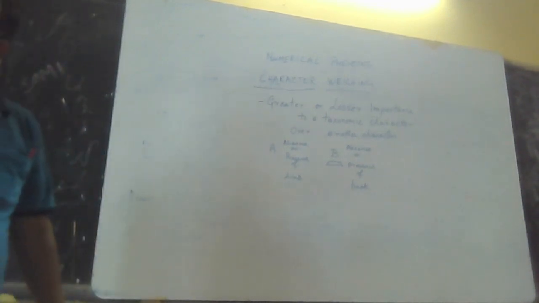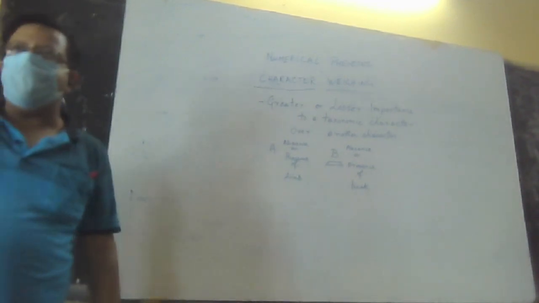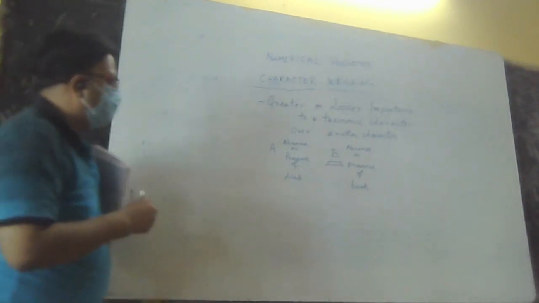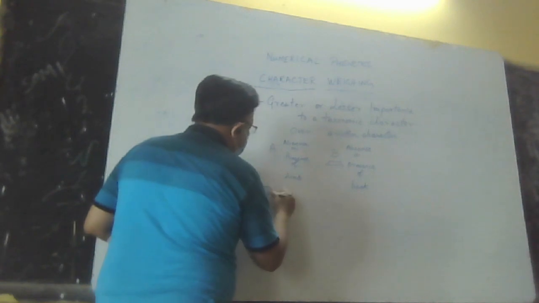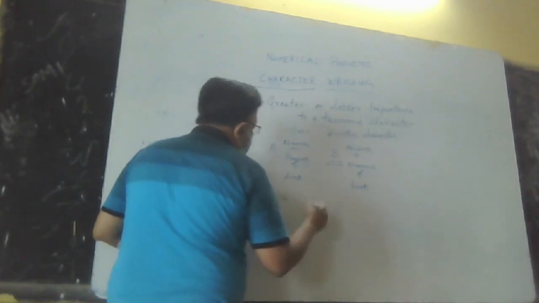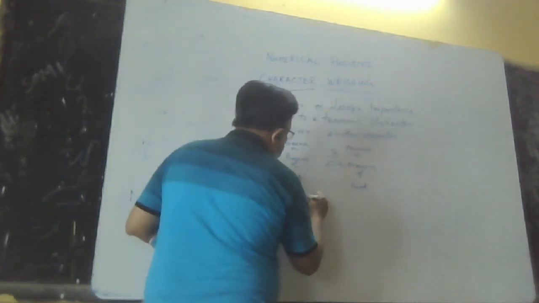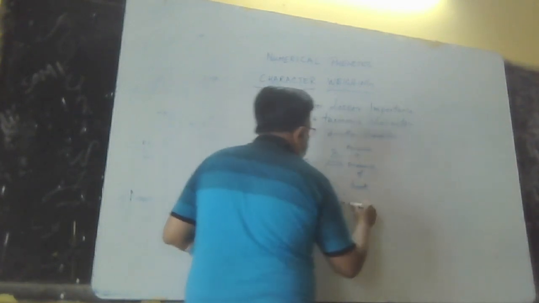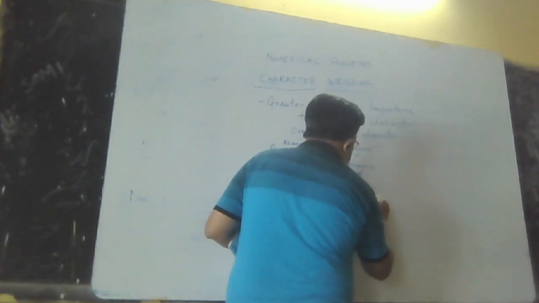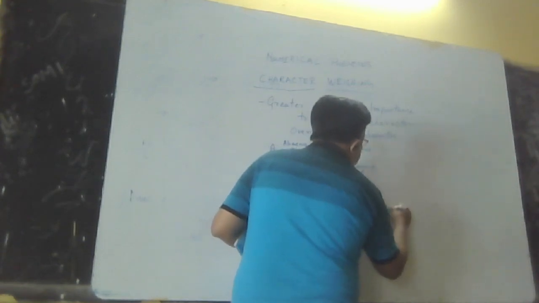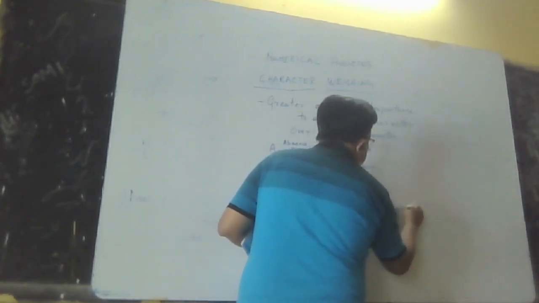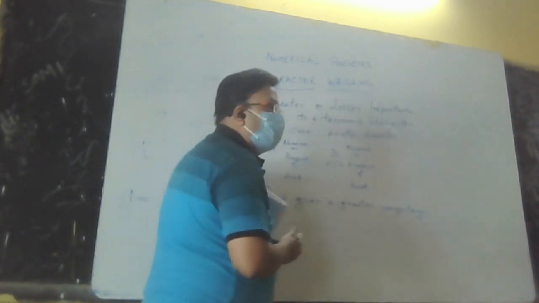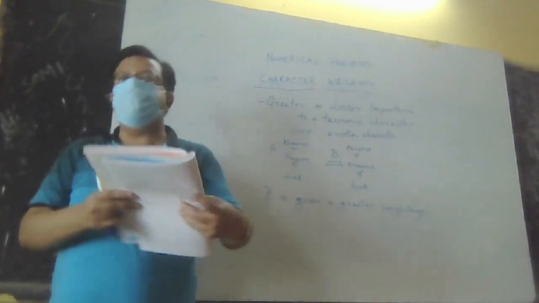There are limbs, but the limbs are modified as wings. So the first thing you will give, B, is given a greater weightage.